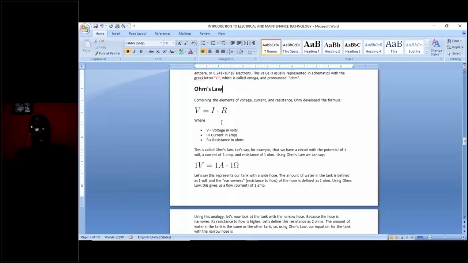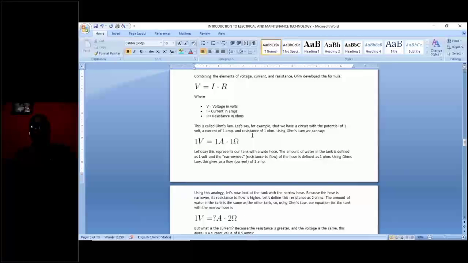Voltage in volts equals current in amperes multiplied by resistance in ohms. This is called Ohm's law. Let's say we have a circuit with a potential of 1 volt, a current of 1 ampere and a resistance of 1 ohm.